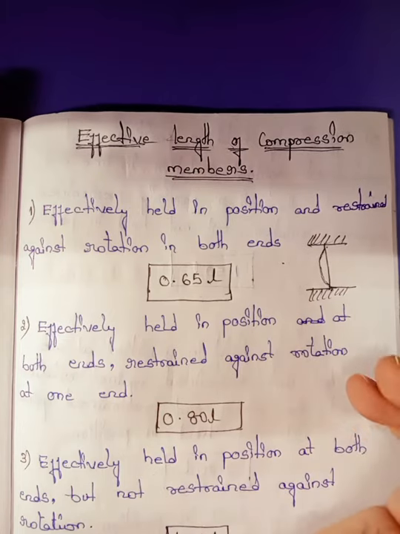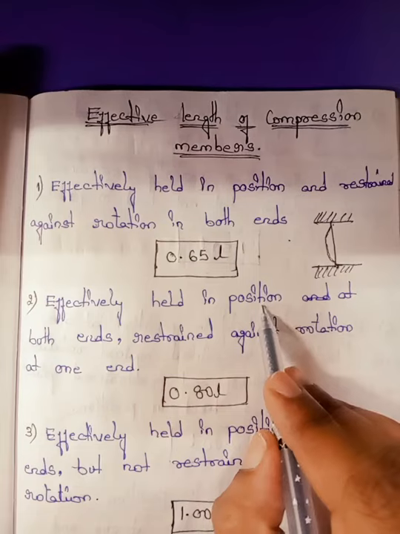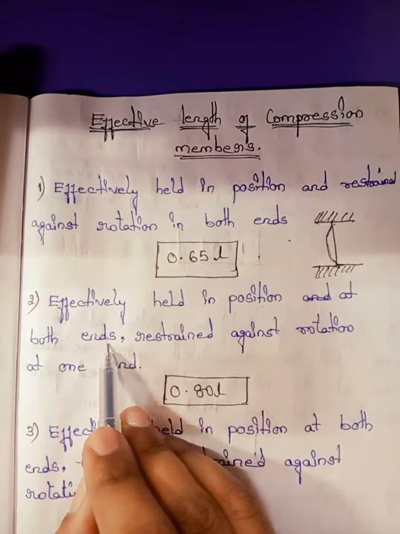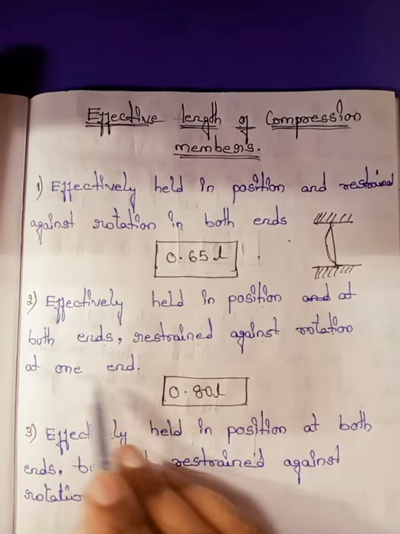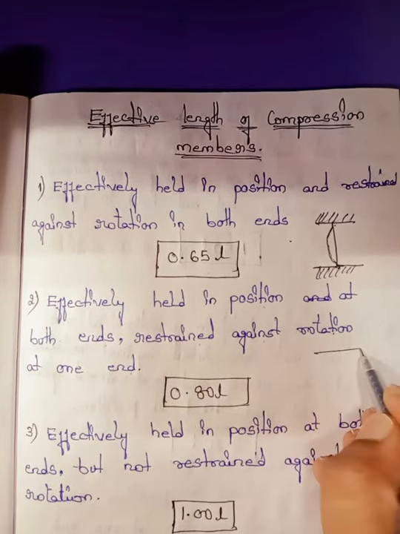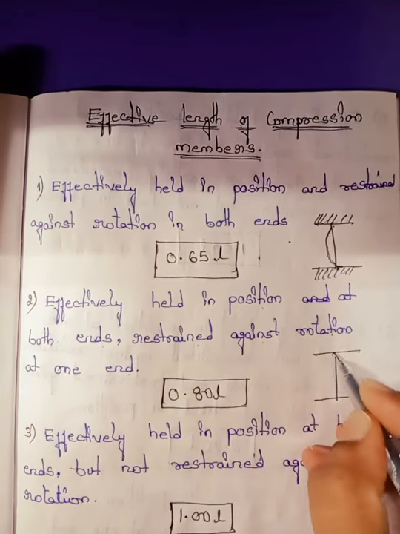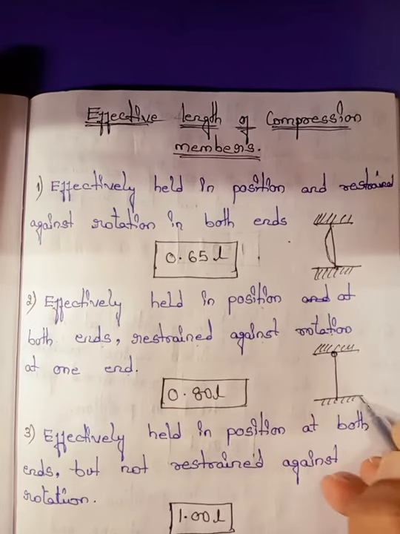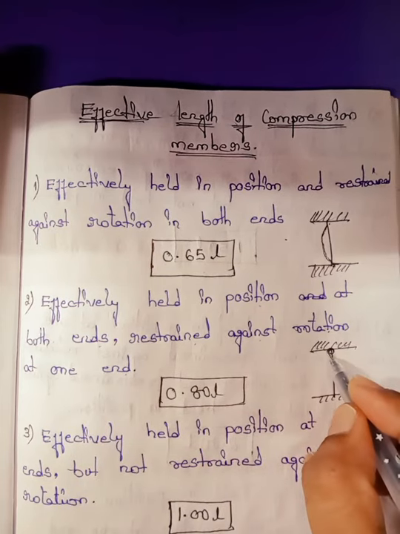So we'll move to the next condition. Effectively held in position at both ends, restrained against rotation at one end. Which means both ends are held in position but restrained against rotation at one end.